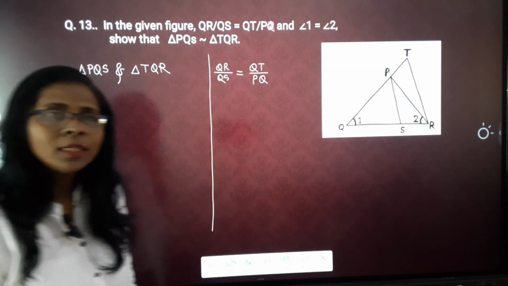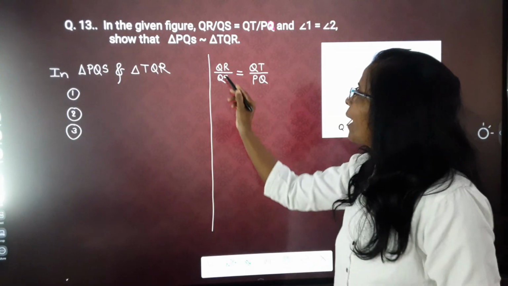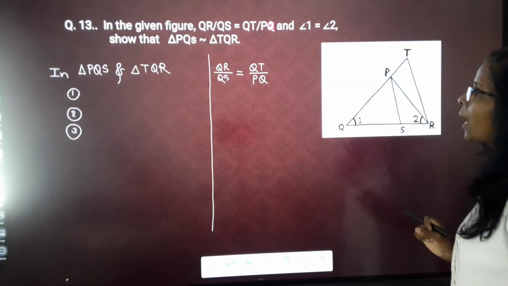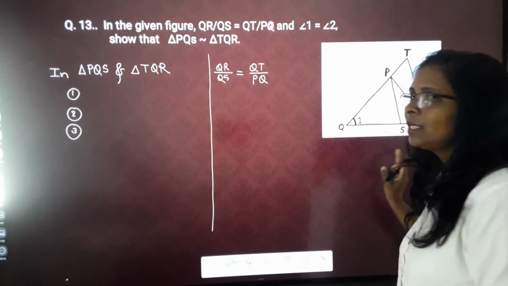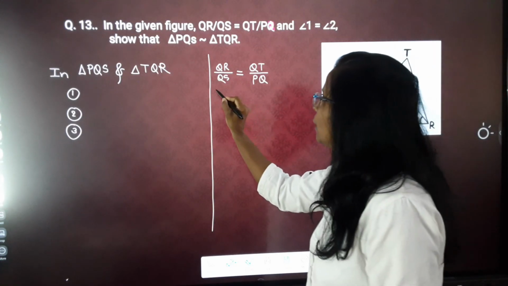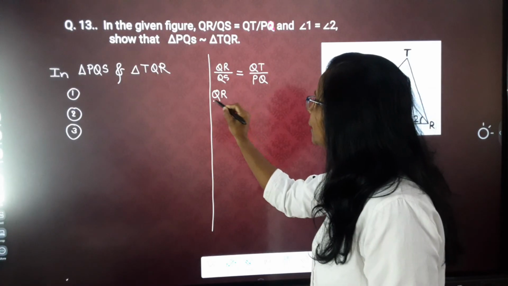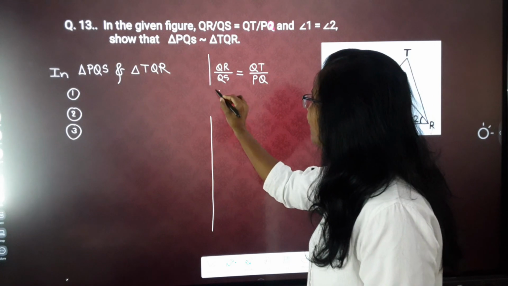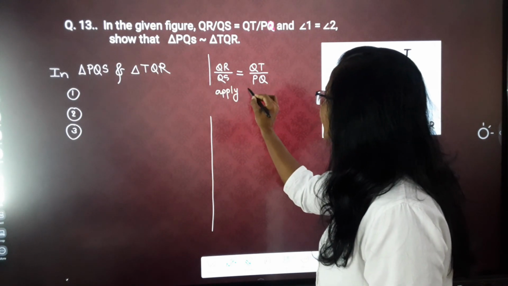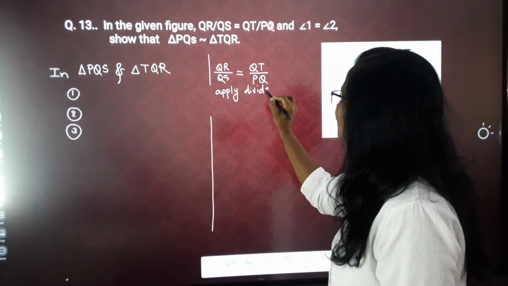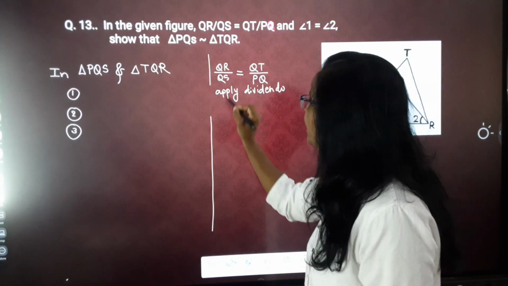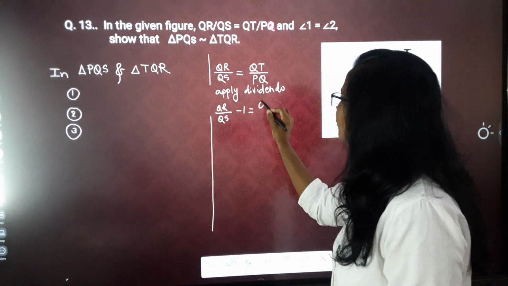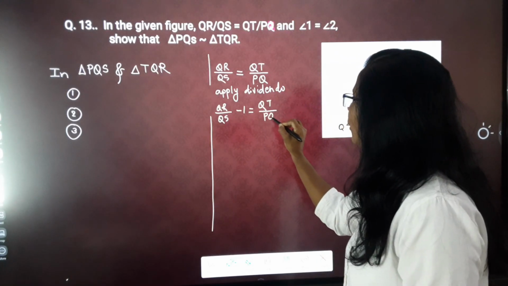Okay, so now here students, QR upon QS, we want the SR. How can we get the SR? QR is a total side. So here we apply dividendo. Apply dividendo, that means QR upon QS minus 1 is equal to QT upon PQ minus 1.